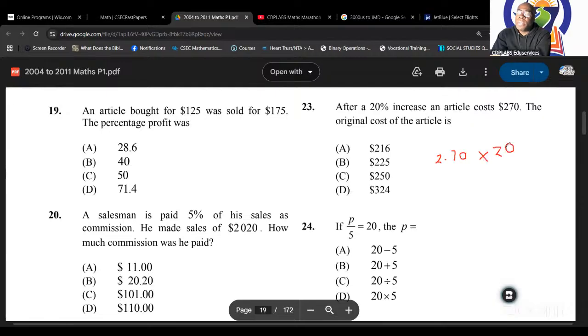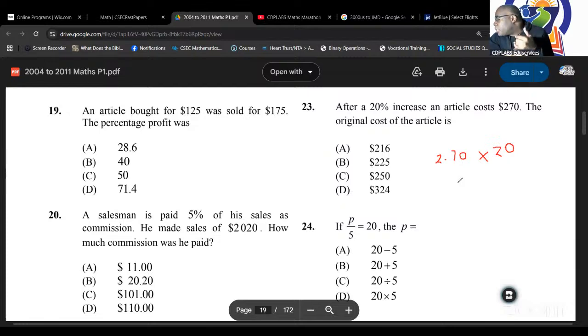Good. Now, if you multiply, you can break it up like this. I'm showing you how to do this without the use of a calculator. So step number one, when you find percentages in a case like this, you first find 1%.